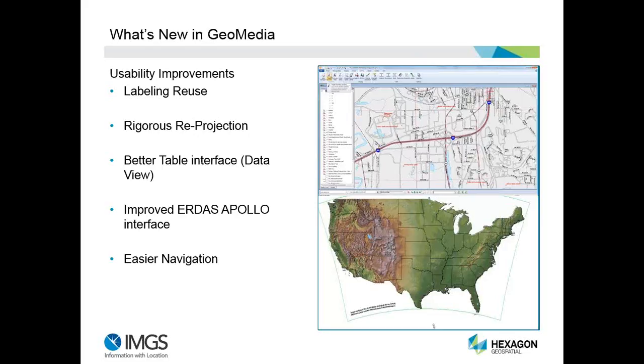Apollo is Hexagon Geospatial's cataloging solution, so for anyone that hasn't been aware of it, it's a very powerful solution for cataloging data, but also for serving up point cloud data and web service information as well. It's on WebMap Portal as well. And they've improved some of the navigation and made it easier, so if you scroll the mouse now, it runs a little bit easier and it's nicer to use.